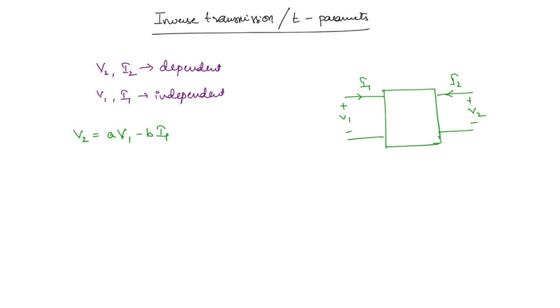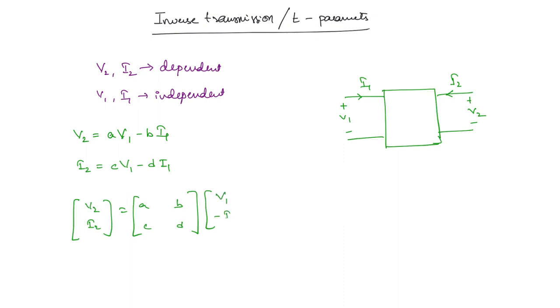If I2 is flowing out, then accordingly you have to use the positive sign here, just like in the previous case. Then what about I2? It's going to be cV1 minus dI1. In the matrix form, if you write V2, I2 is equal to the abcd matrix as it is. The negative sign will be shown here.